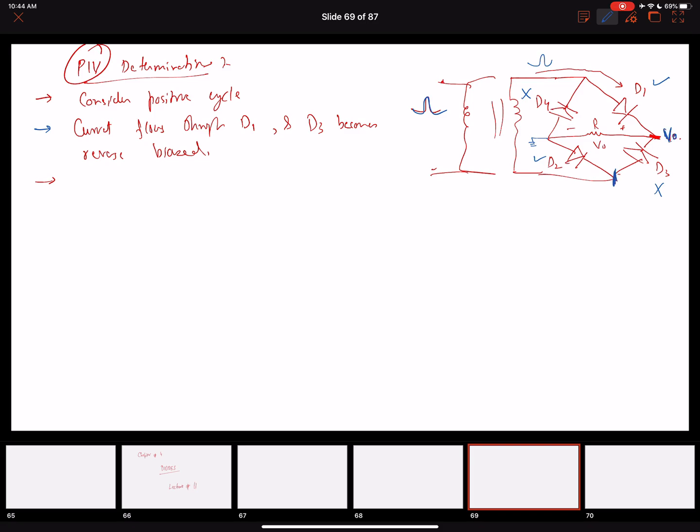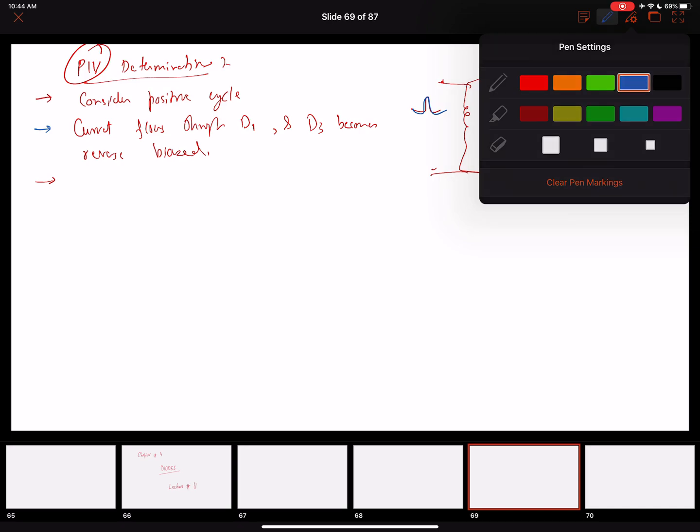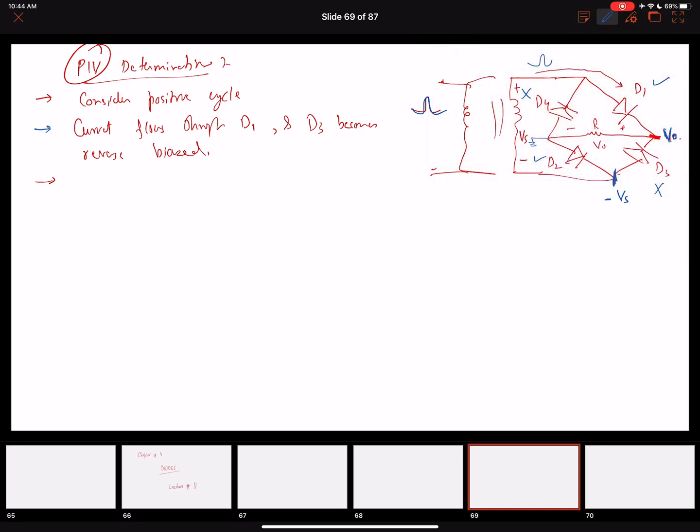And at this point, what is the potential? What do we have over here? We have plus minus Vs. So the potential over here is minus Vs, right?